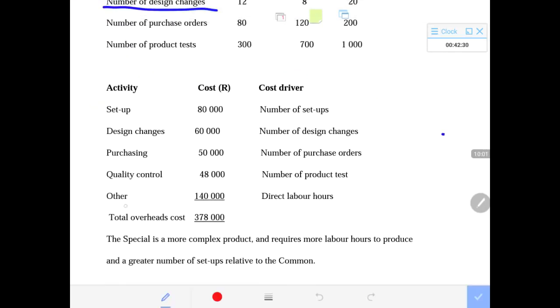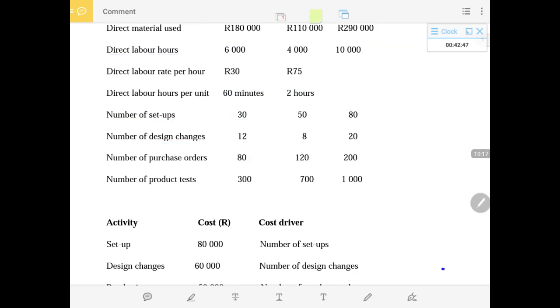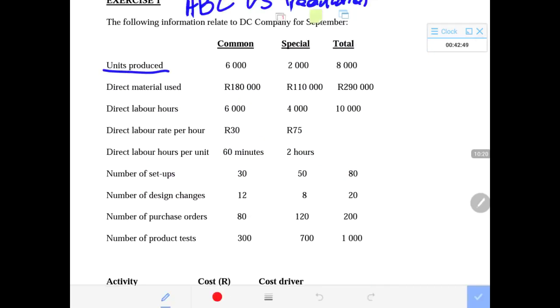What is very crucial is the other overheads. The other overheads is 140,000 Rand, which is based on direct labor hours. And we already do have our direct labor hours that were given to us. And remember, we are referring to the total direct labor hours, 6,000 and 4,000.